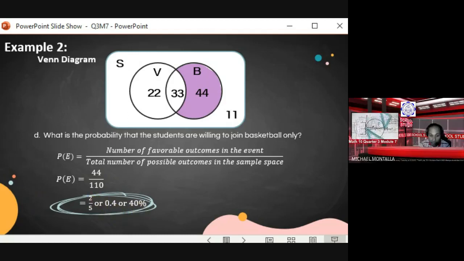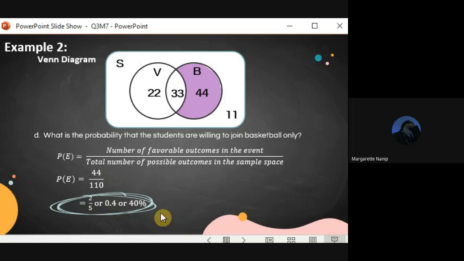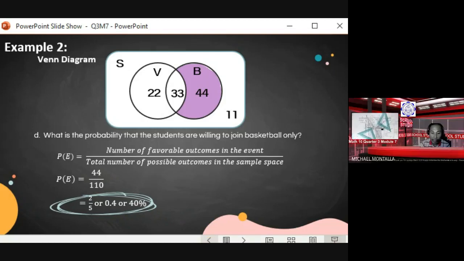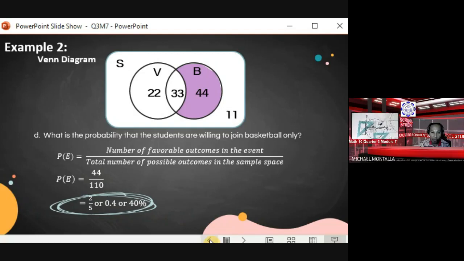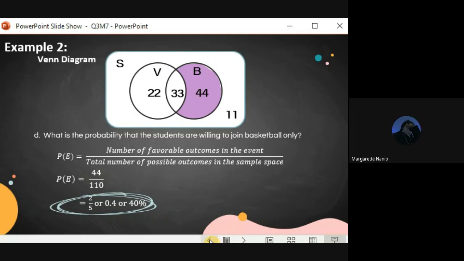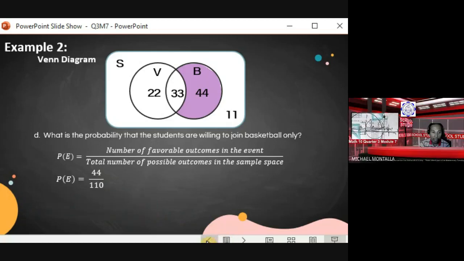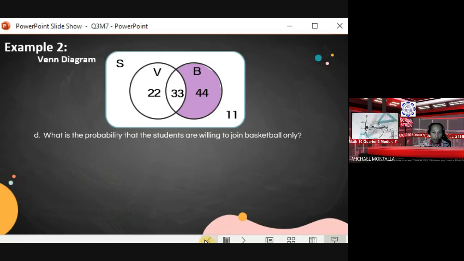Sir, paano naman yung fraction? Yes, gagawin mo siyang fraction. Pwede pong pakibalik po sa problem letter C po. Hindi ko po kasi na SS eh. Sa letter D? Wait, C lang po. Yung basketball only ba? Wait, nasa D na. Ito nakikita mo ba sa screen mo ngayon? Okay na ba to? Nababasa na ba? Hindi pa.